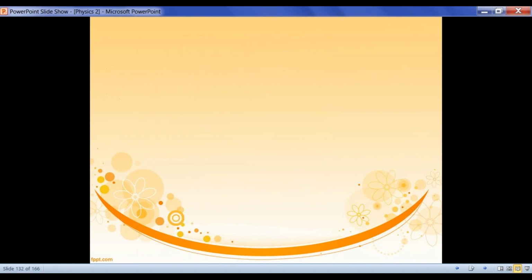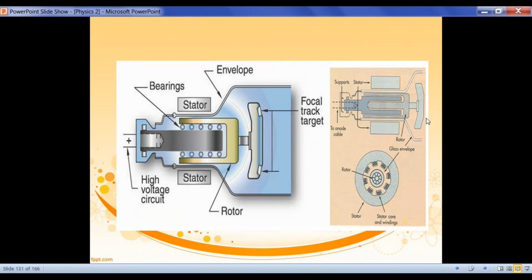Ito po siya. So this is made of electromagnet or permanent magnet. This is made of conductors like copper and soft iron. Ito naman po yung shaft. So yan po ay made of molybdenum. Okay.